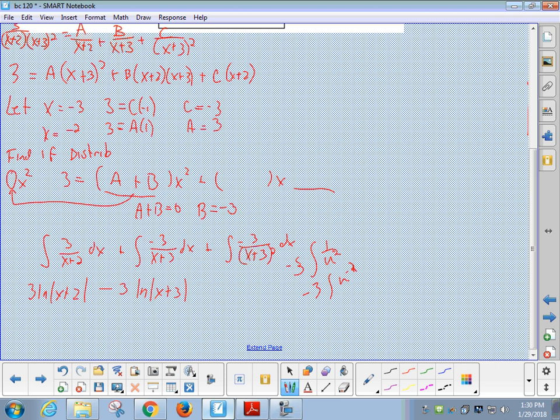So this should raise to negative 1 and divide by negative 1, giving us plus 3 u to the negative 1. Now, I don't need to see this up inside. That's just what's going on in my head. Plus 3, 1 over x plus 3. I guess I could have written that better, but you understand. Plus c. You follow? Okay.